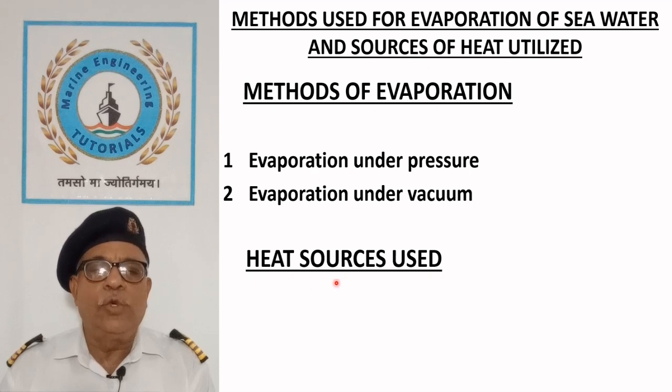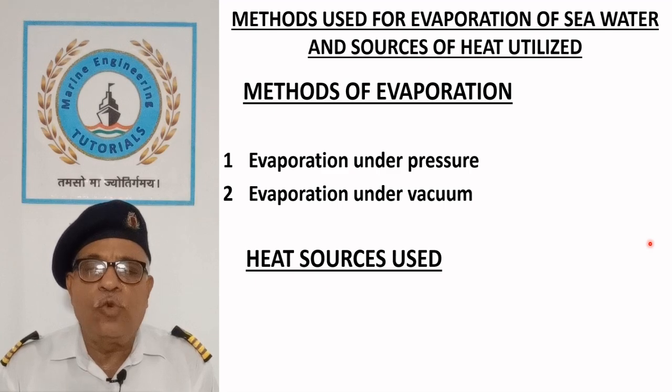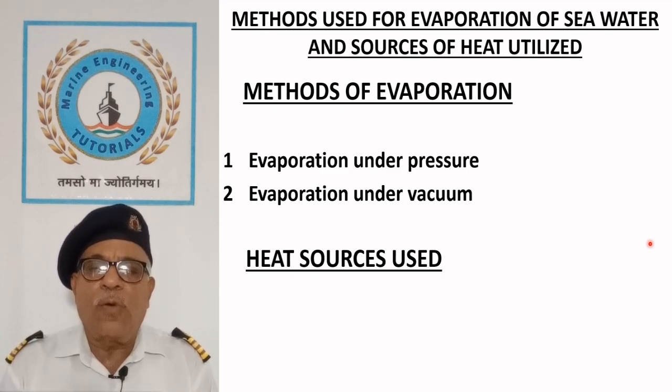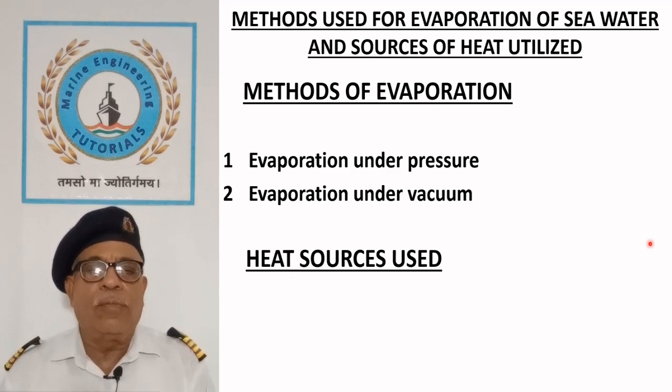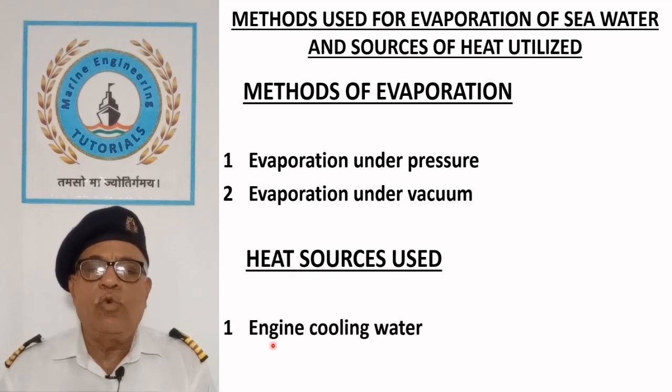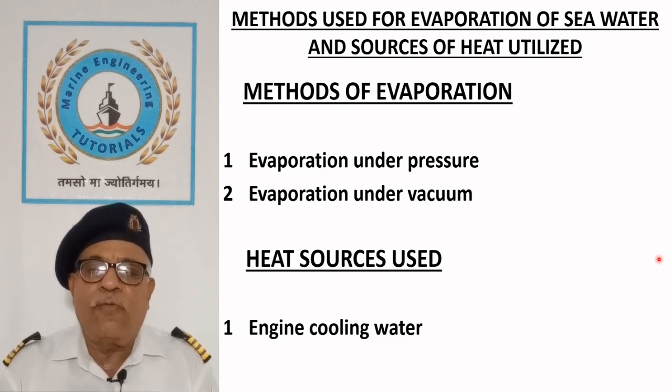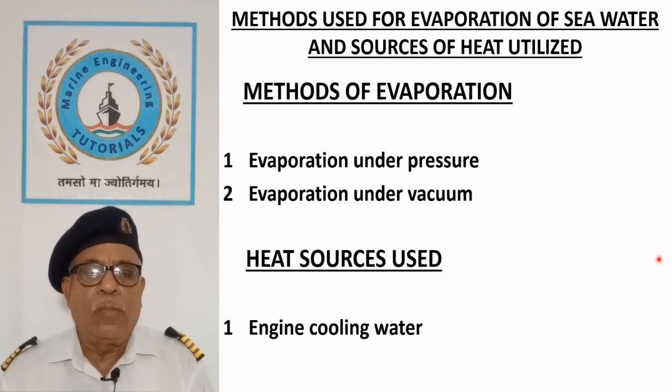Heat sources used. Following two heat sources are used for evaporation of seawater. Engine cooling water. In order to make the diesel plant further efficient, the waste heat of the diesel engine cooling water is used to generate freshwater. Steam.